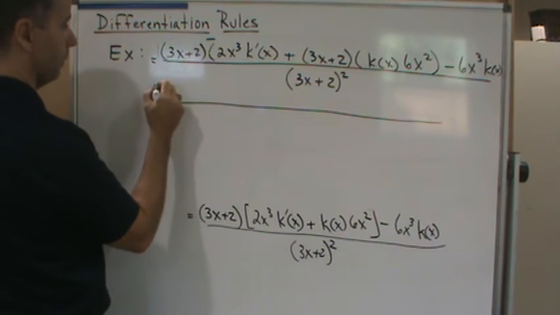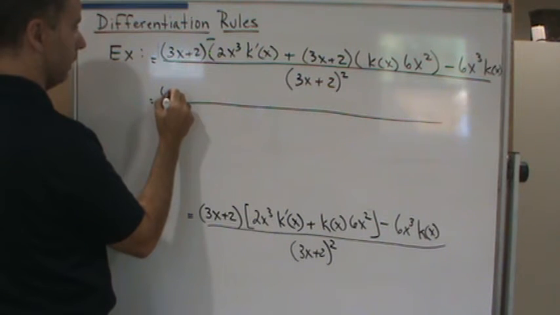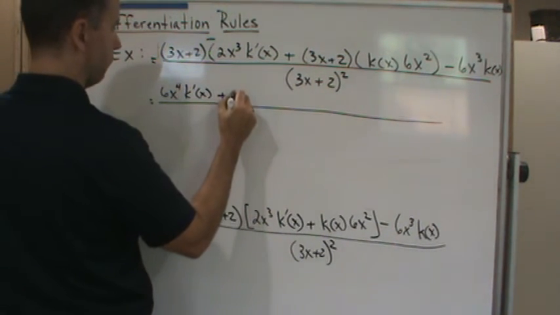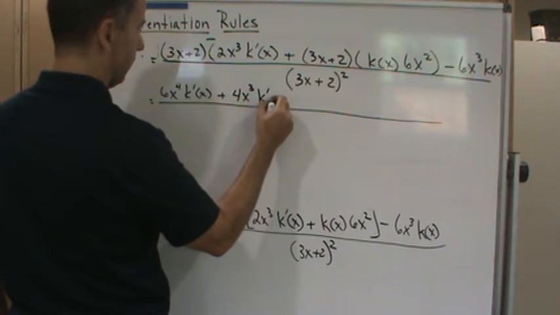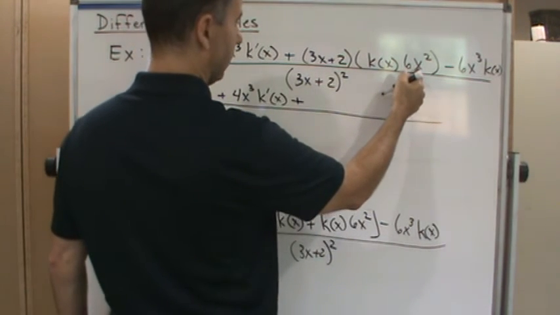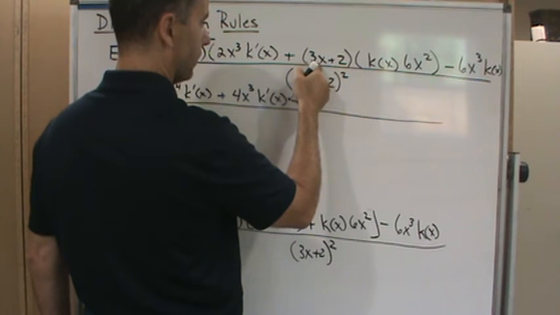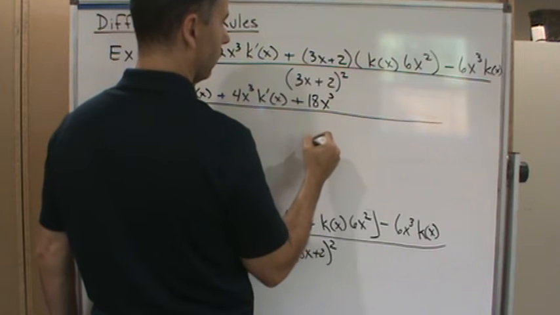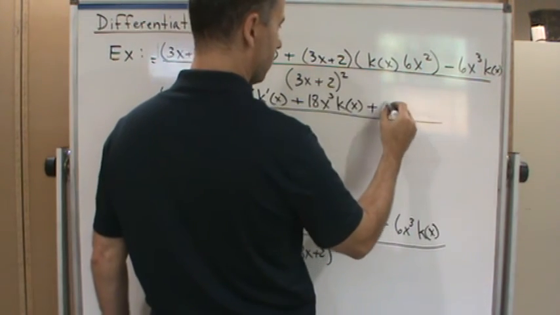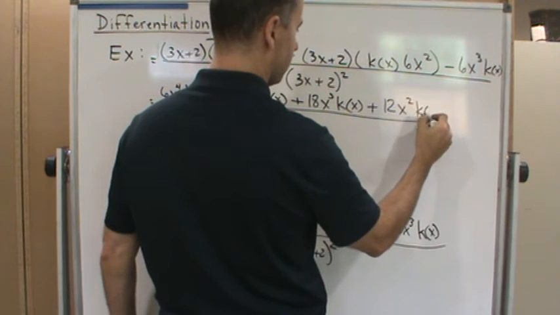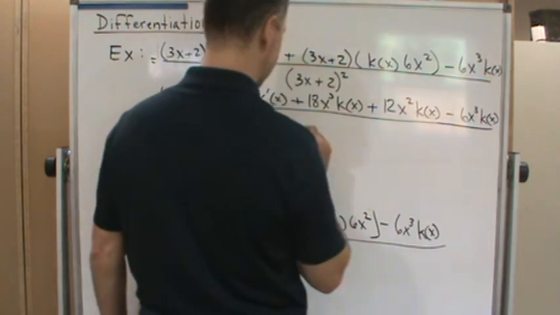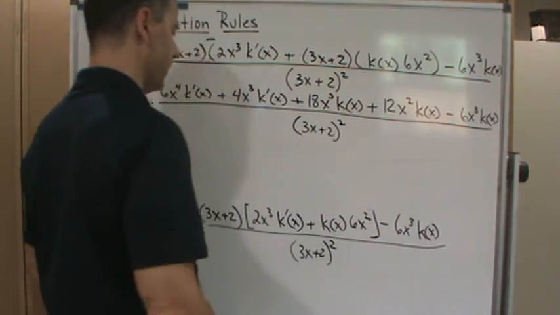So this is going to be 6x to the 4th k prime of x plus 4x cubed k prime of x plus, this is going to be 6x squared times 3x, so that's going to give us 18x cubed times k of x, plus 2 times 6 is 12, so that's going to give us 12x squared times k of x, minus 6x cubed times k of x, and of course we've got the 3x plus 2 quantity squared on the bottom.